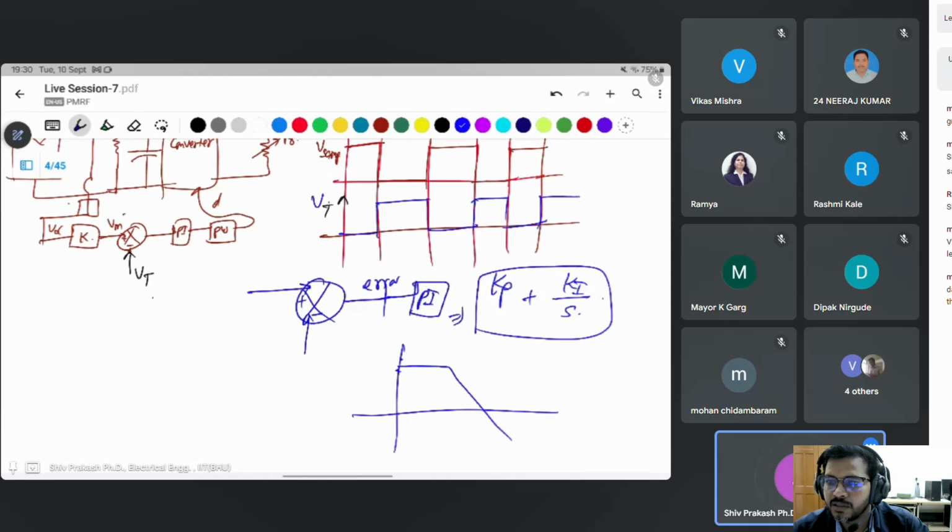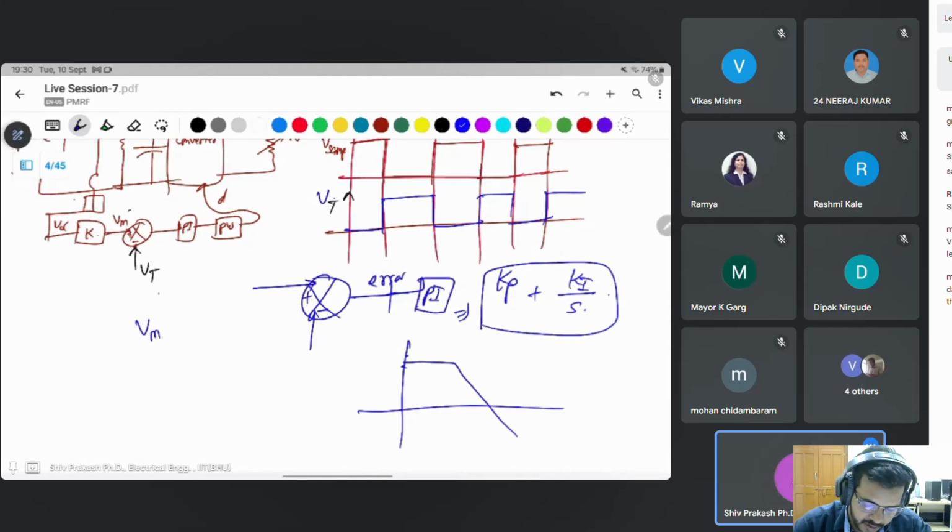Yes, VM is VT at the maximum power point. VT is the same as VM at the maximum point. K is actually VM by VOC. The VOC is greater than VT and VM also. That's why K is always less than 1.